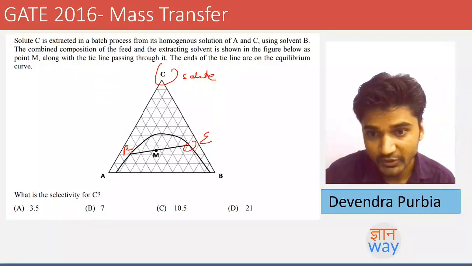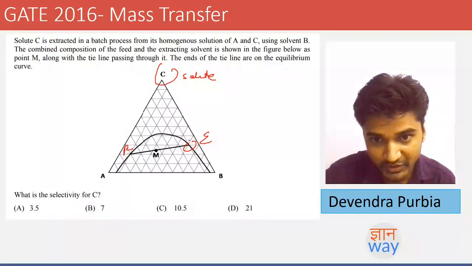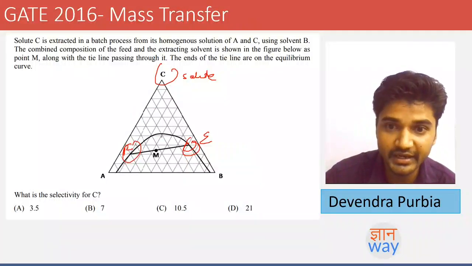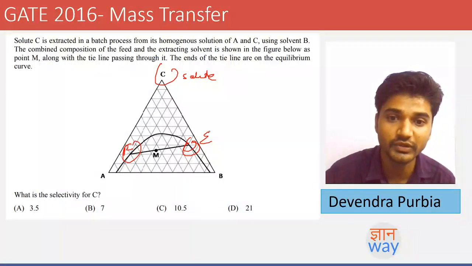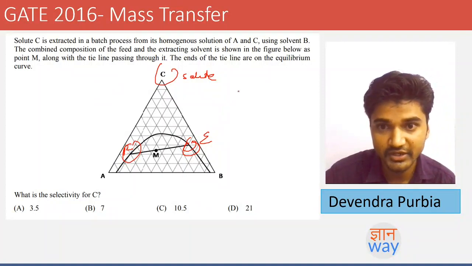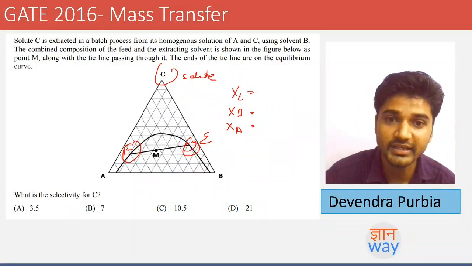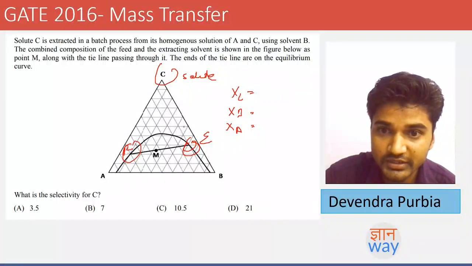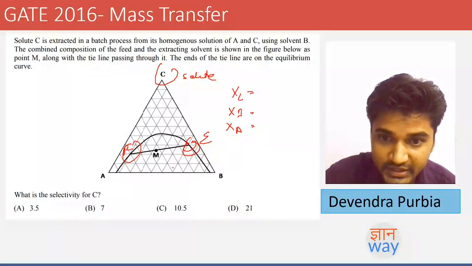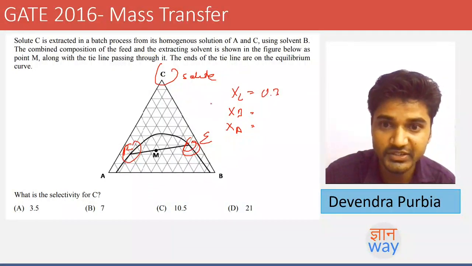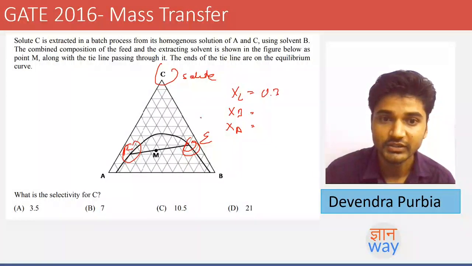First we need to find the composition of the extract phase and the composition of the raffinate phase. Using this ternary diagram, we can find the composition of E. In the extract phase we denote XC, XB and XA. Clearly XC is the concentration of solute, which is 0.3. This line denotes the fraction, so this is 0.3.